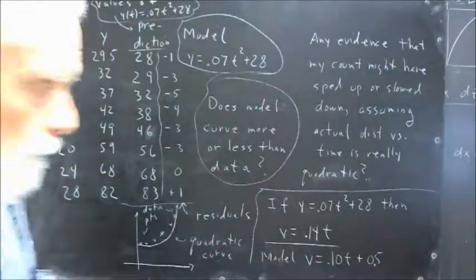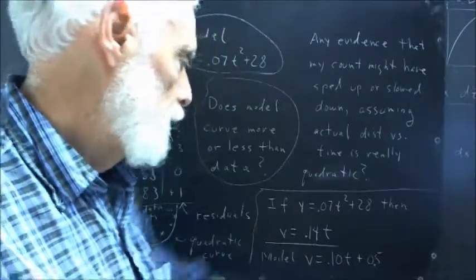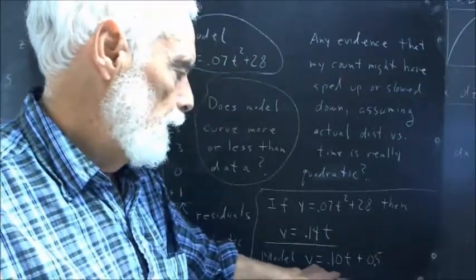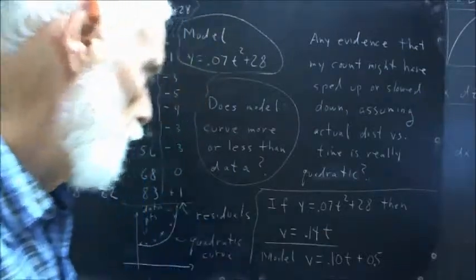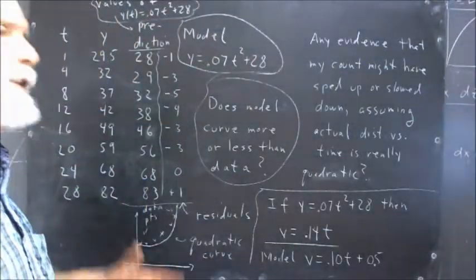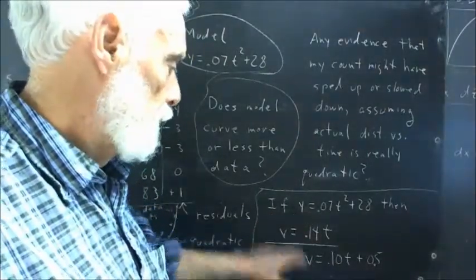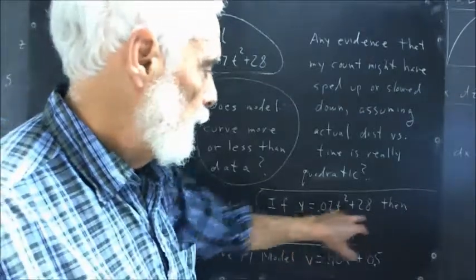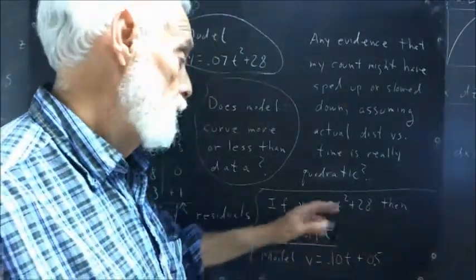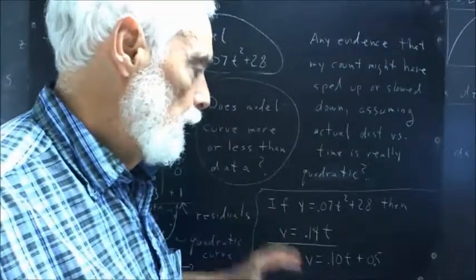Now 0.5 is a fairly small number, but it's not insignificant. And the 0.10 t is pretty close to the 0.14 t, but not exact. If these models were completely accurate, this would mimic this. This would be the same as this. The velocity function that we get by taking the rate of change function, which is the derivative function, would match the velocity we get when we do a curve fit.